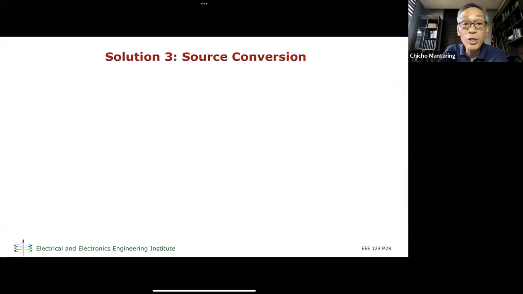And you can do it using source conversion, no? Pwede ring source conversion. Kasi pag source conversion, anong pwede nating convert to a current source, no? Yung V at saka J1, V and J1 can be converted to a current source.